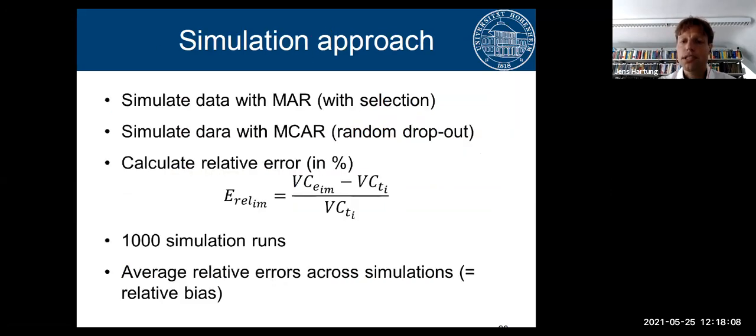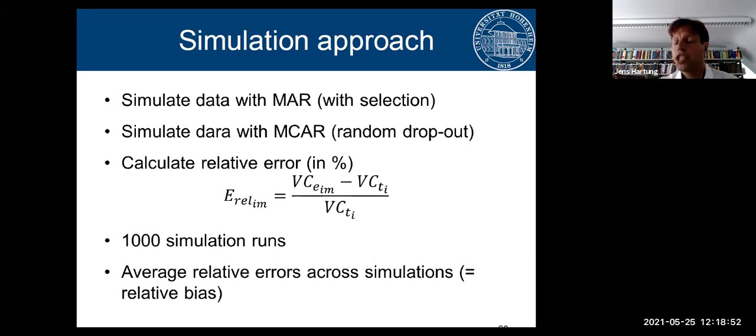So what we did is we simulated data with missing at random, and we simulated data with missing completely at random. Just have in mind that when data are missing completely at random, we think that the analysis should be fine and there should be no bias, everything should work fine. What we did is we calculated the relative error. So the relative error is just the difference between our variance component estimates and the true simulated value, relative to the true value of the corresponding variance component.